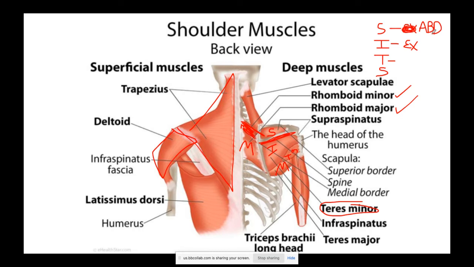It's an abductor. So the supraspinatus abducts. The infraspinatus and teres minor, those two will both externally rotate the shoulder. So internal rotation, external rotation. The teres minor and the infraspinatus externally rotate the shoulder, and subscapularis will internally rotate the shoulder.